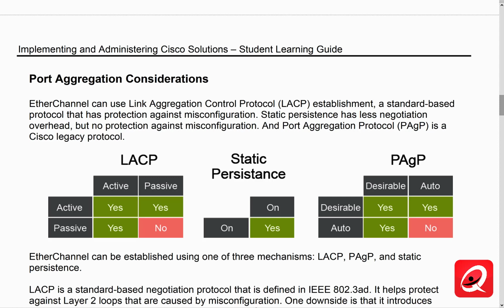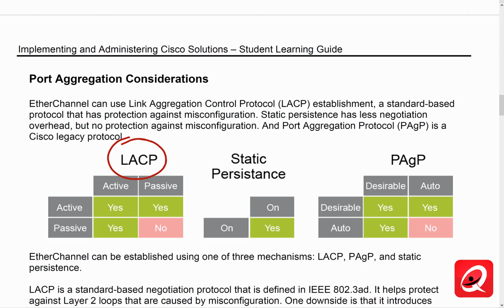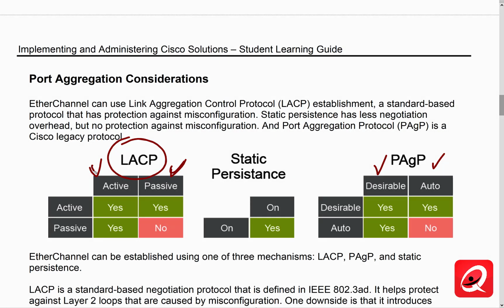So LACP has two modes of operation, active and passive, very much like DTP had auto and desirable. We see that here, desirable and auto. Passive means I don't send out negotiation packets to form the ether channel, but I will accept them, and if I'm instructed to, I will become an ether channel, whereas active sends out messages to form the ether channel.